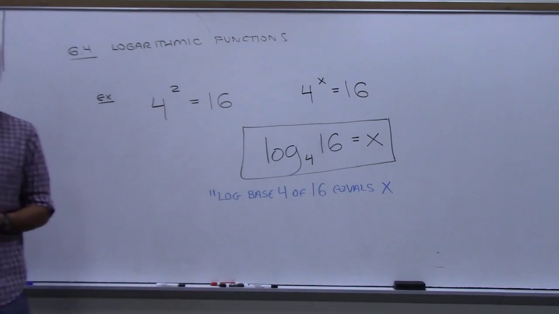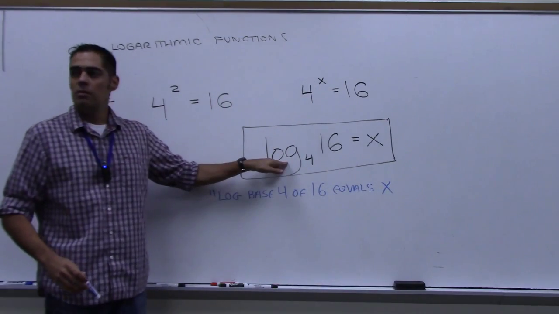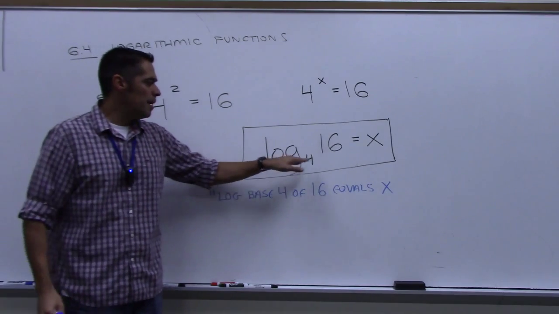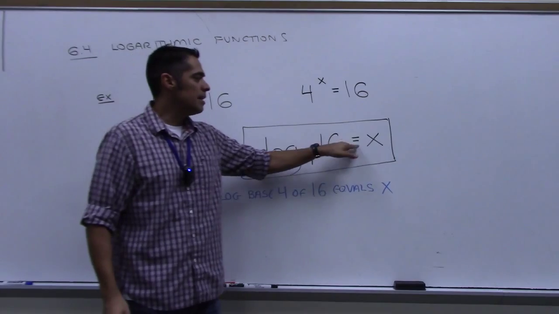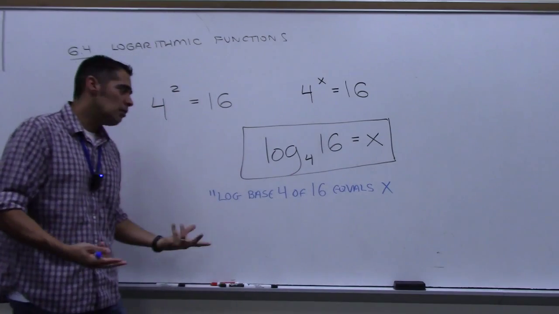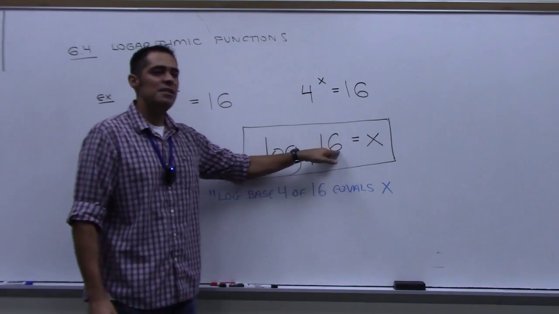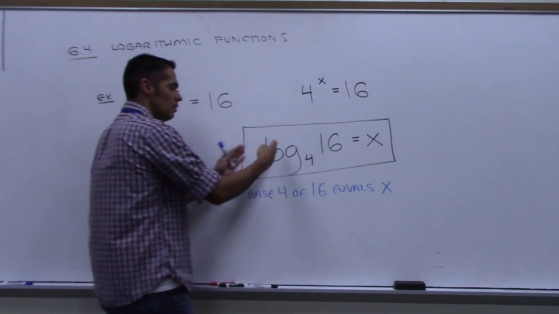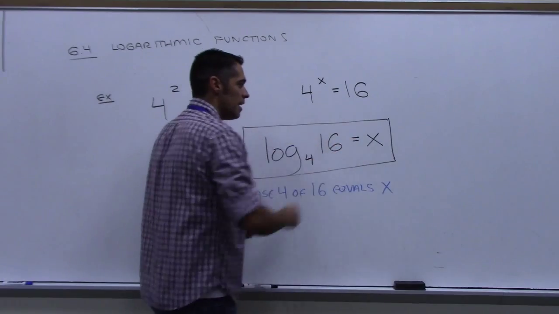That's the way you say that. Log, or logarithm, but we'll say log for short. Log base 4 of 16 equals x. I have heard some people say log of 16 base 4 equals x, but this is the way I'm going to do it because it's kind of like left to right. Log base 4, 16 equals x.